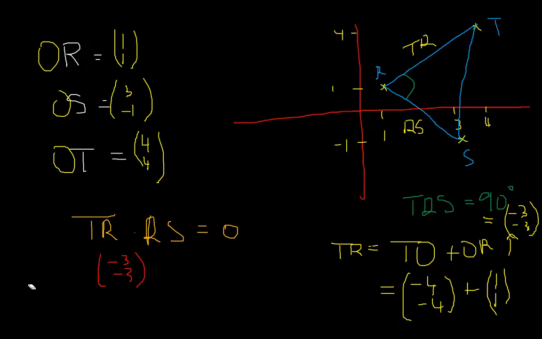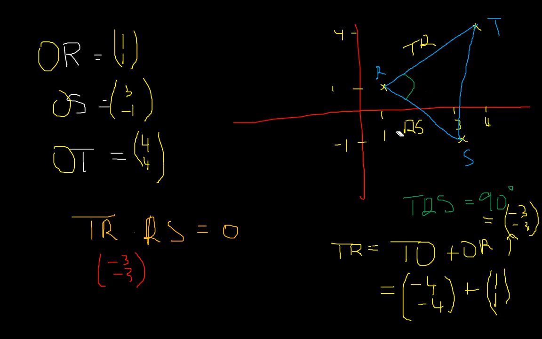Miss, can you show me where TO is on that Cartesian plane? So this right here, this is not TO, right? We were just using the points T, S, and R. We were not using their position vectors. We were using the points.